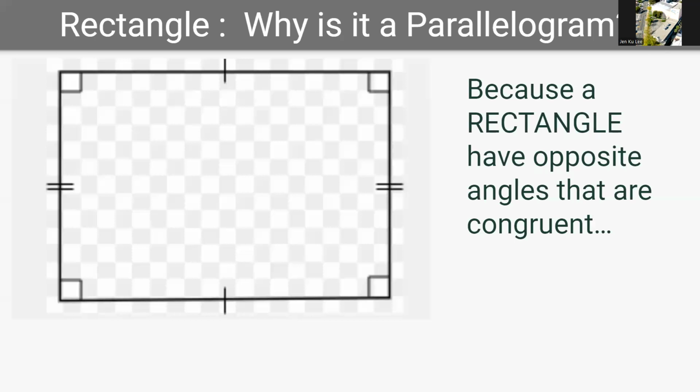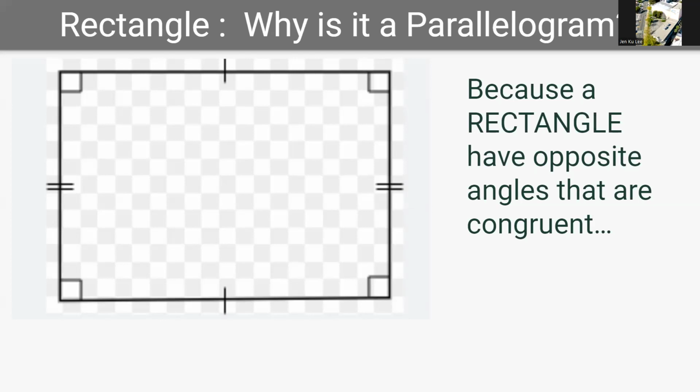And the first one is a rectangle. So why is a rectangle a parallelogram? It's because the rectangle has opposite sides that are congruent. Okay? Since they have opposite sides that are congruent and they hold one of the four characteristics of a parallelogram, it's a parallelogram.